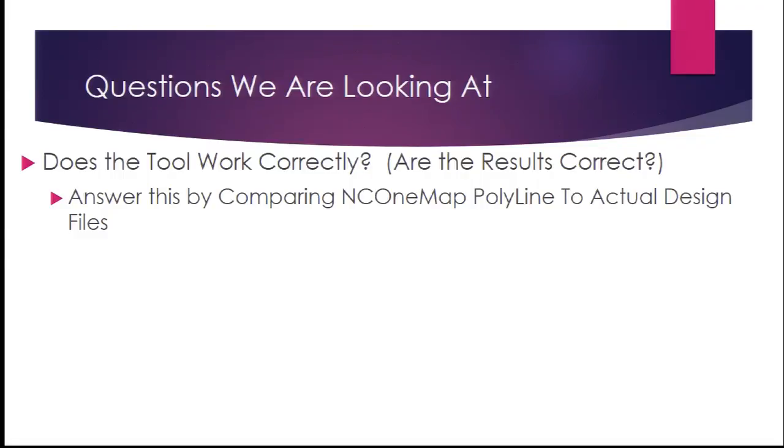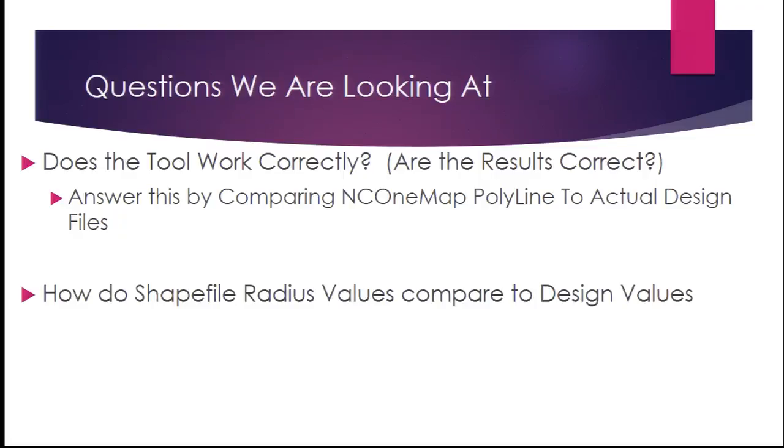And so we're going to compare curve by curve what information we get from MicroStation against what information we're getting from NC1 Map's polyline. So that's the first question, is it working correctly? But then, once I conclude, and I can tell you that I concluded it is working correctly, we want to compare the radius values and degree of curve values from the shapefile to those from the design file.